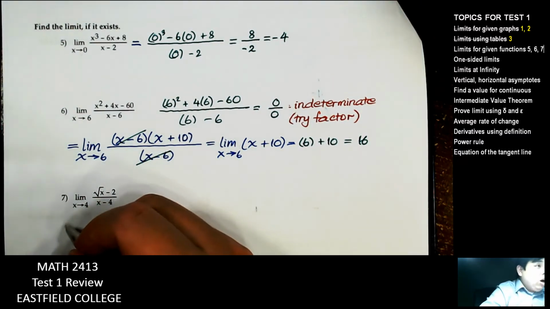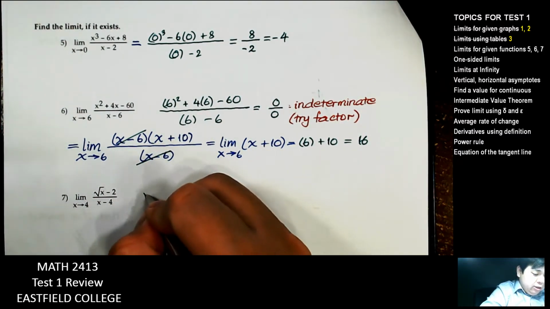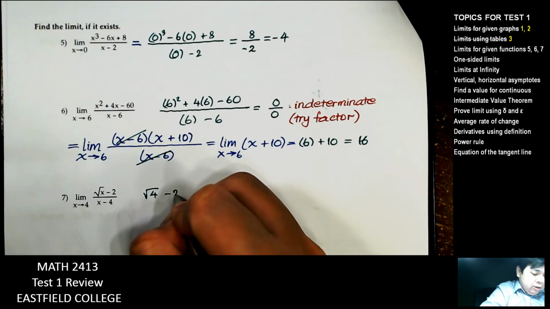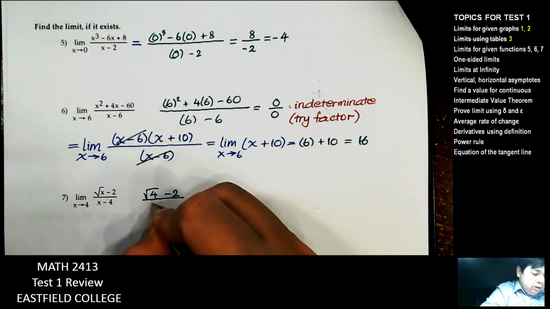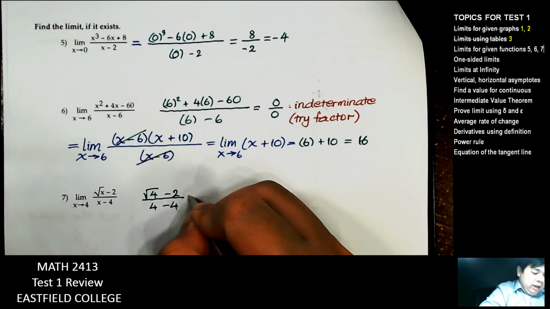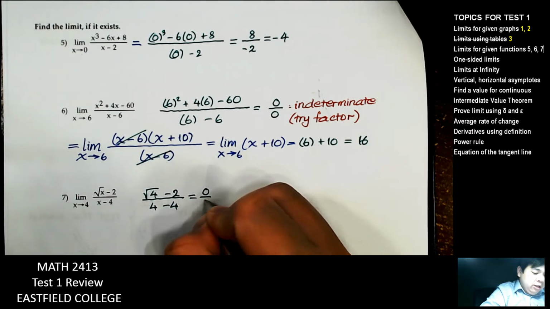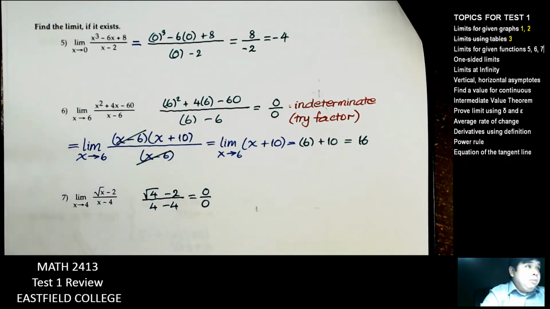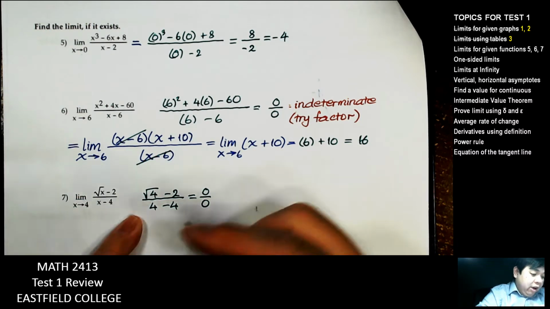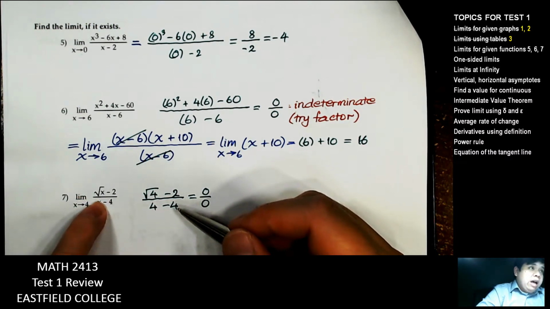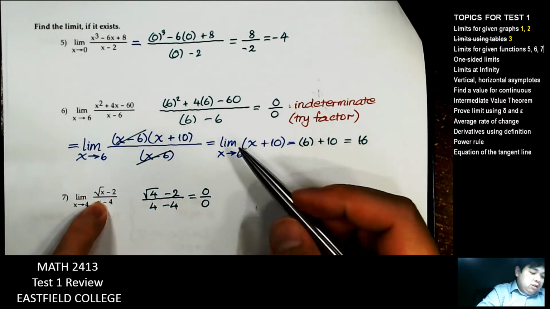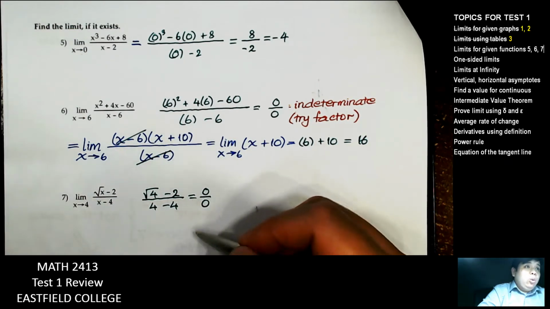Number 7, we try the same thing, put in 4. And we have 0 over 0. It can be shown that later on we will have x minus 4 as a common factor. But for now, we have indeterminate.